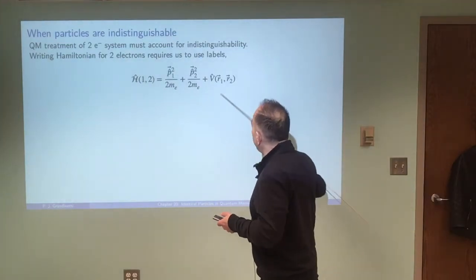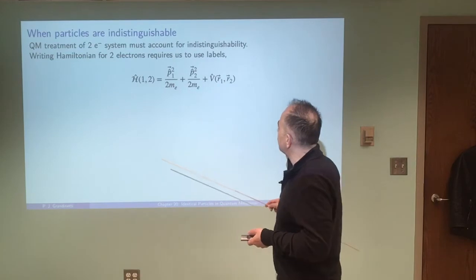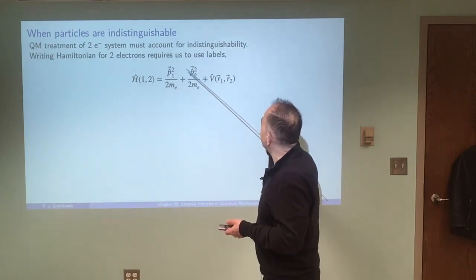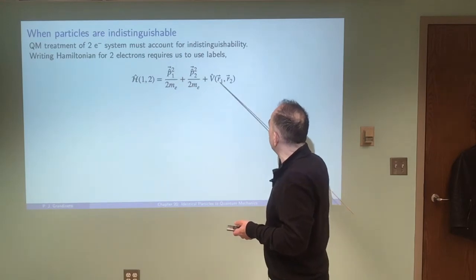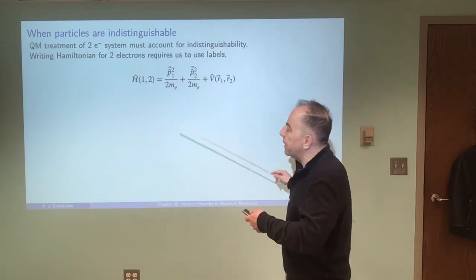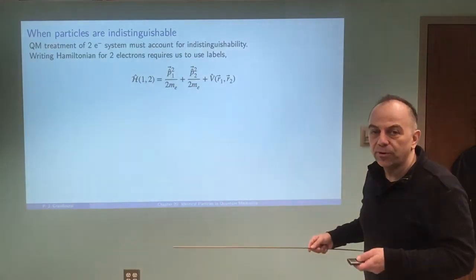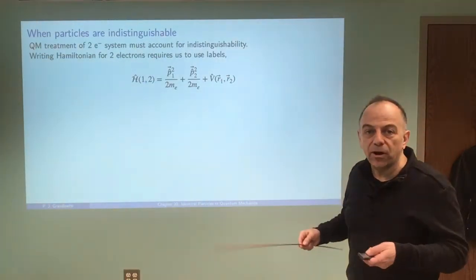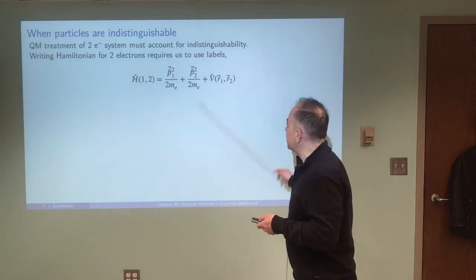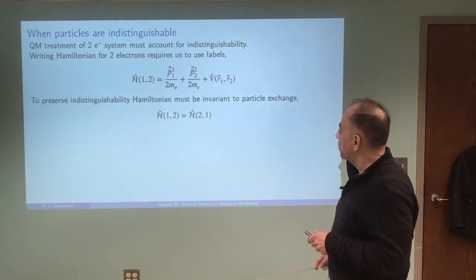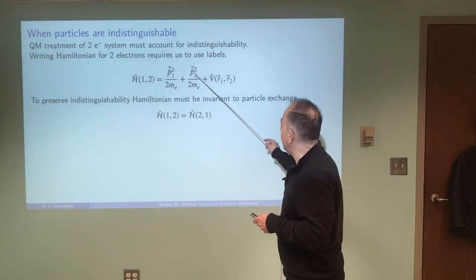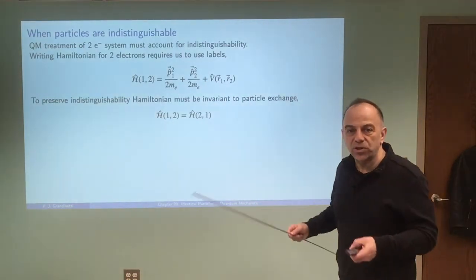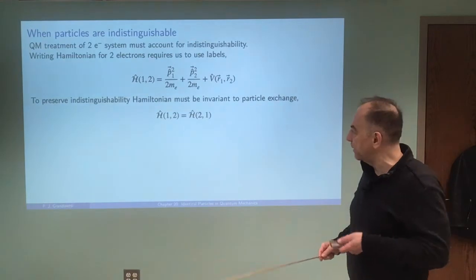So when we write down the Hamiltonian for those two electrons, say, we would put a label on these coordinates. So P1, P2, R1, R2. But if they're really indistinguishable, then the results that we get with this Hamiltonian should not matter on how we labeled these quantities. So I can make this P2, P1, R2, R1, and I should have exactly the same results in my quantum mechanical calculations.